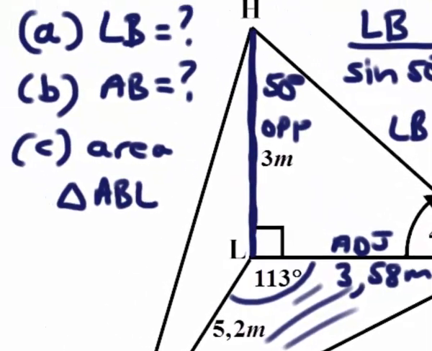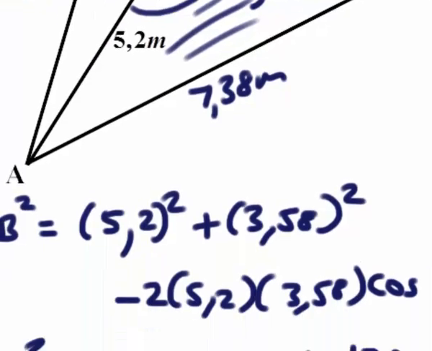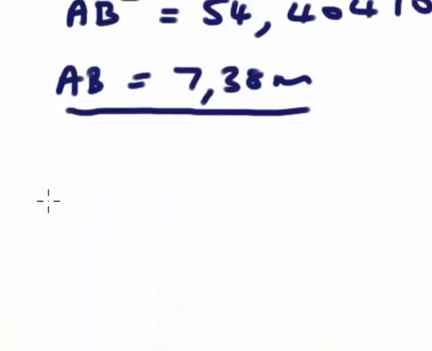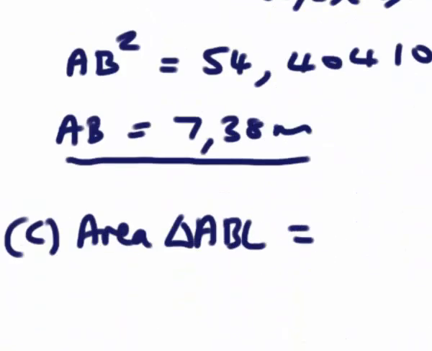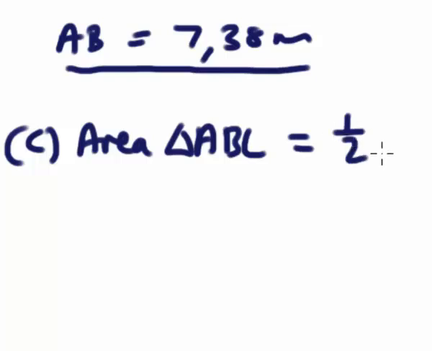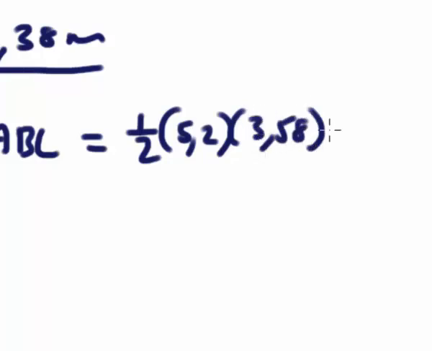And then the last one is, what is the area of triangle ALB? We've got 2 sides and the included angle, so we can use the area rule. In number C, the area of triangle ABL is a half, multiply the 2 sides, that's 5,2 and 3,58, multiplied by the sine of 113 degrees.